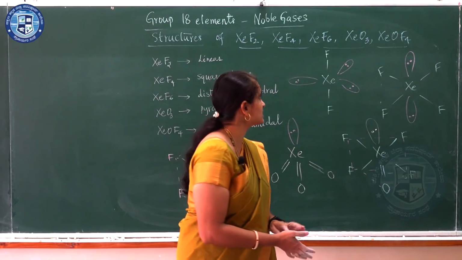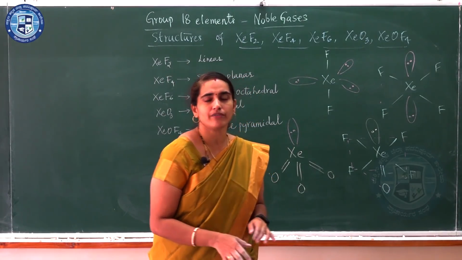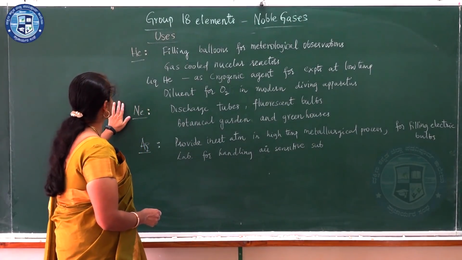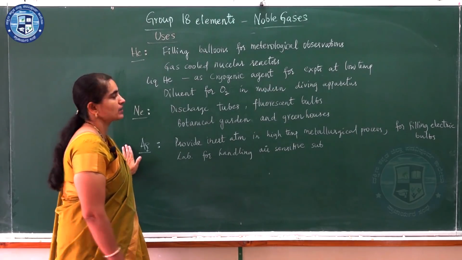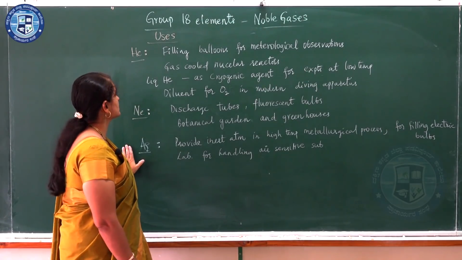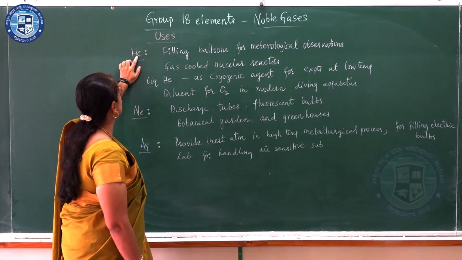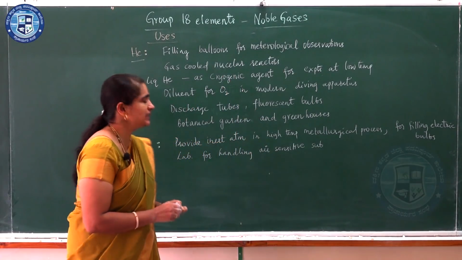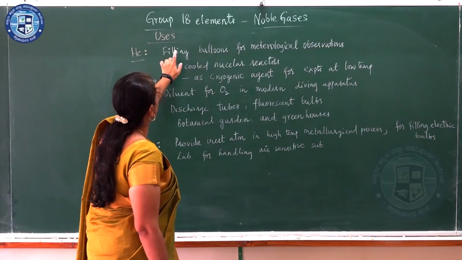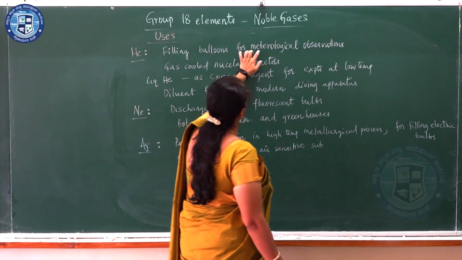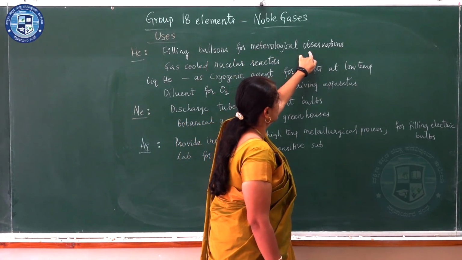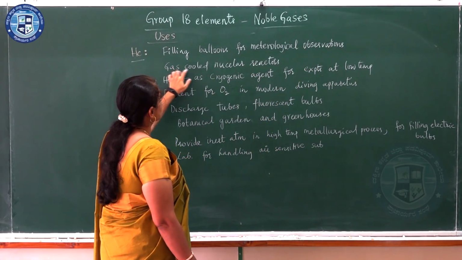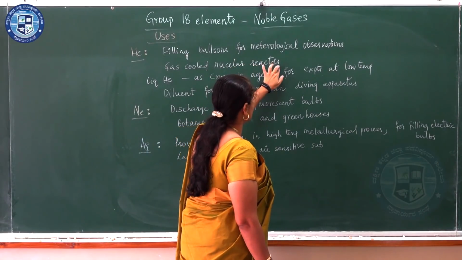Okay. Then last bit we shall see some of the uses of noble gases. Okay students, I have listed the uses of helium, neon and argon over here. Now we shall see one by one. For helium, because of its non-inflammability as well as being a light gas, it is used in filling of balloons which are generally used for the meteorological observations, and it is also used in gas cooled nuclear reactors.